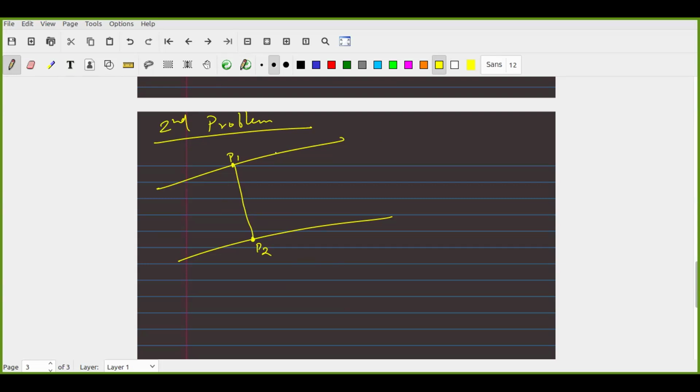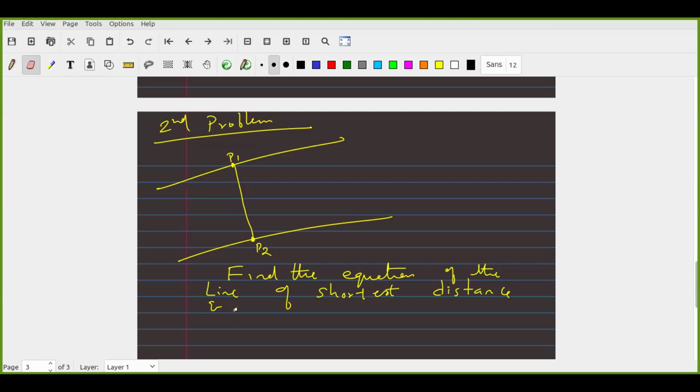Okay, so let me state the problem in full detail. Find the equation of the line of shortest distance, and also find the magnitude of that shortest distance of the two lines.